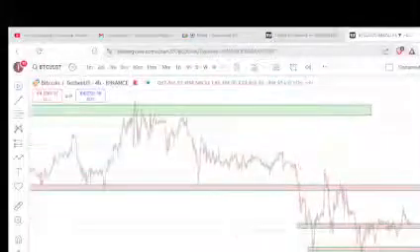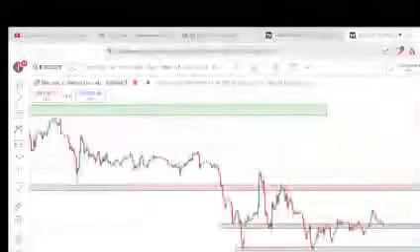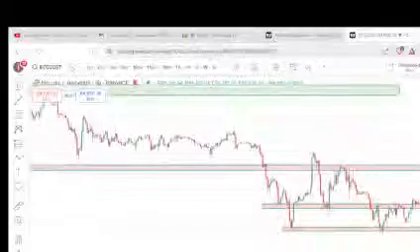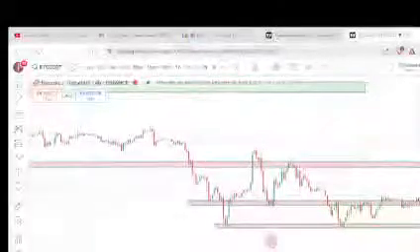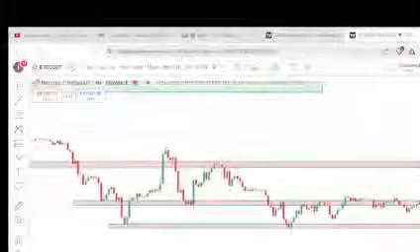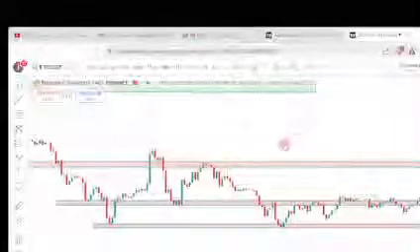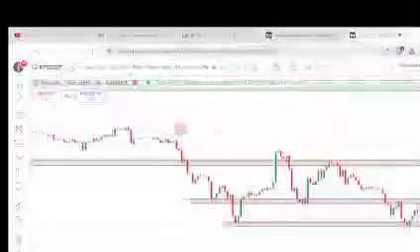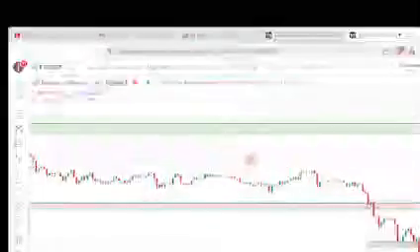Let's go to a chart. I want to explain it from the chart. We shall look at both the bearish candlestick and the bullish candlestick. I want a candlestick with both wicks.